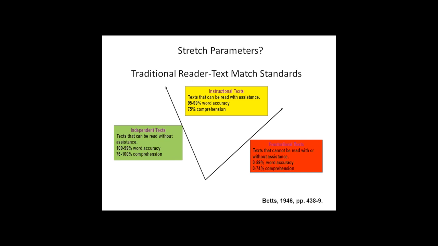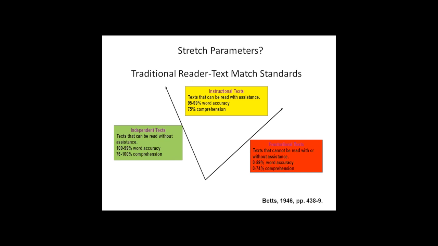I just want to briefly contrast what we've typically been using as parameters in elementary grades. Typically what we've referred to have been the word accuracy levels and the comprehension levels that Betts fleshed out in 1946, and so most people are really familiar with these. That red box represents frustrational text, and those are texts that go beyond word accuracy and the other parameters.